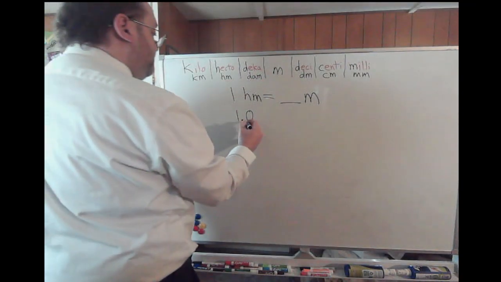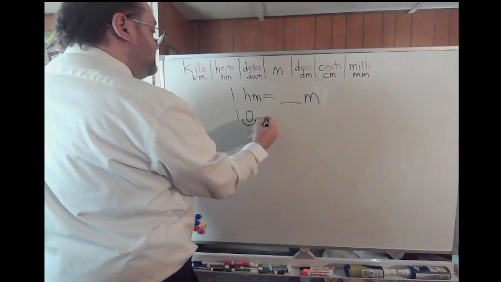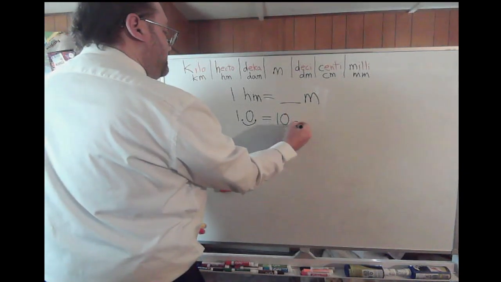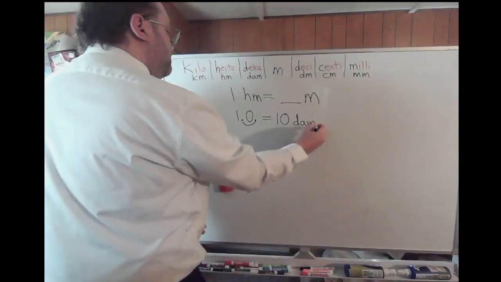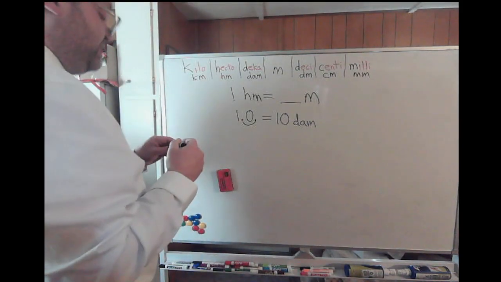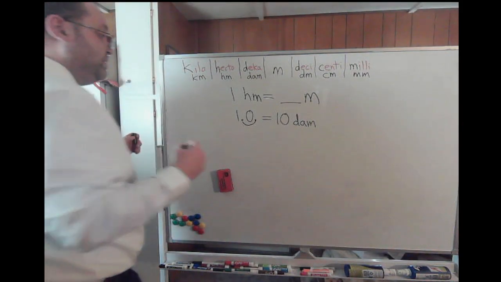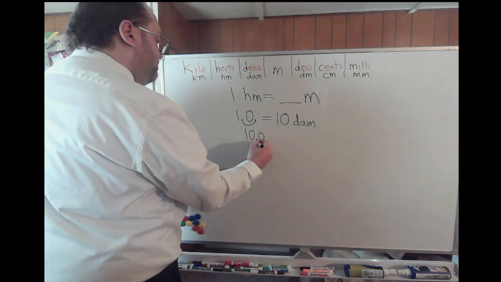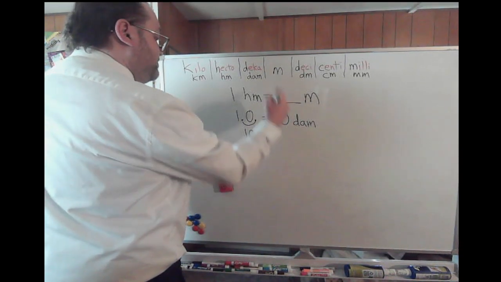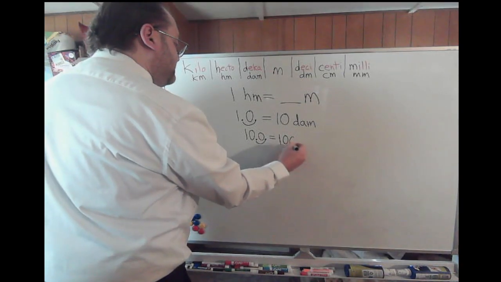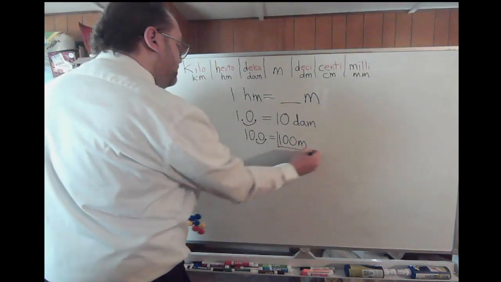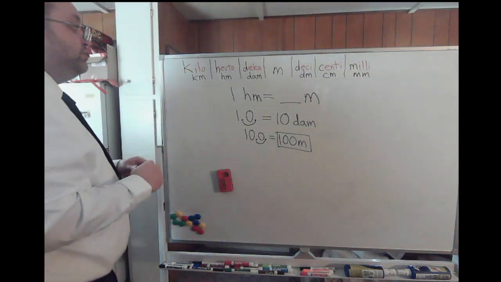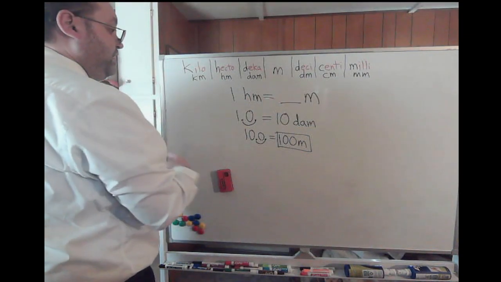If we move the decimal place 1 to the right, that'll be equal to 10 decameters. 1 hectometer is 10 decameters. Now if you take your 10.0 and move that 1 decimal place to the right, you'll arrive at your meters, which is equal to 100 meters. So 1 hectometer is 100 meters. If you move the decimal place 2 to the right, you'll get 100 meters.